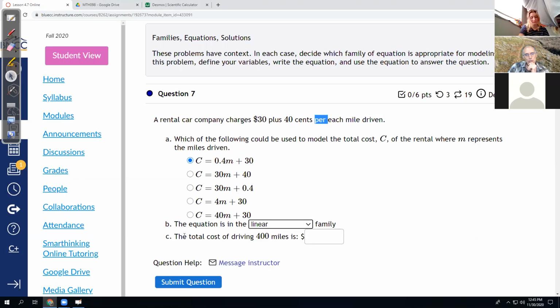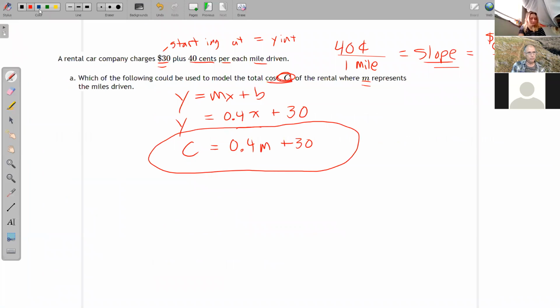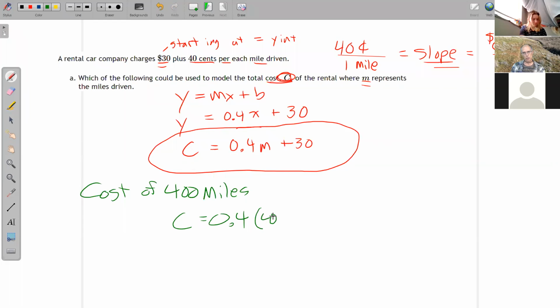And then they want me to find the total cost of driving 400 miles. So I have to decide, am I plugging in an M or a C here? And they definitely say M is miles, so I'm just plugging in 400 miles. So back in my notes. Cost of 400 miles means C equals 0.4 times 400 plus 30, and at this point it's calculator time.